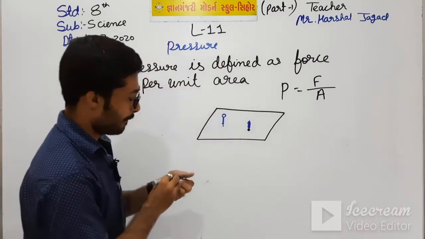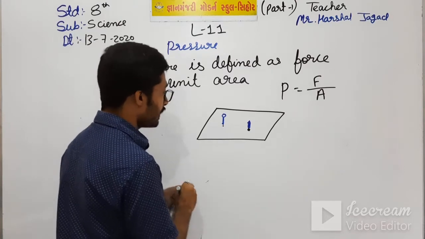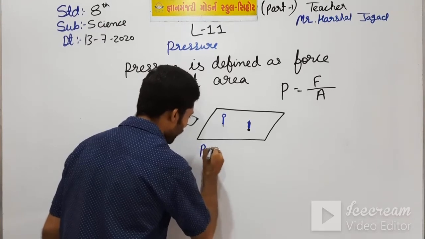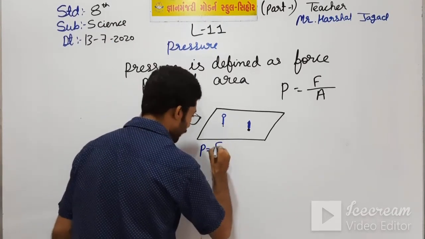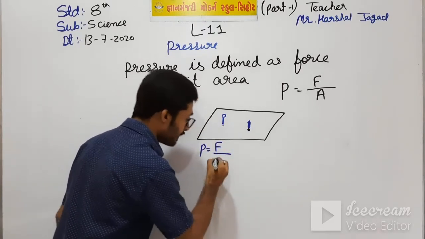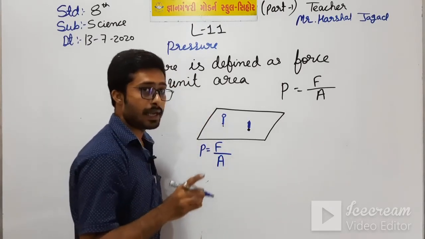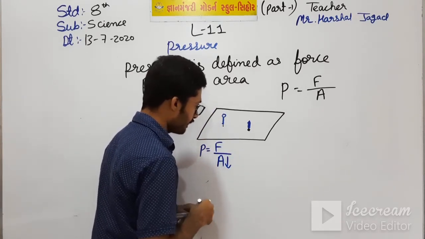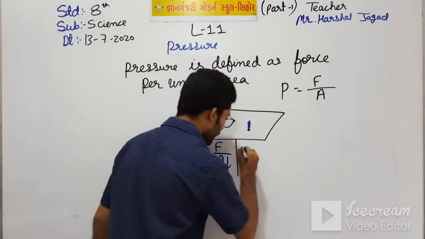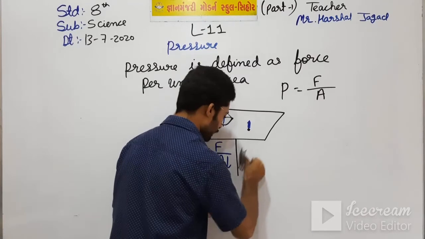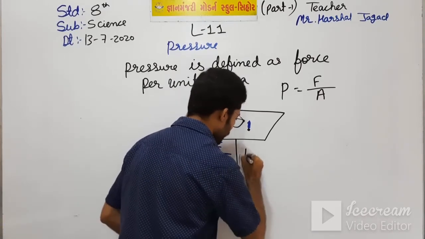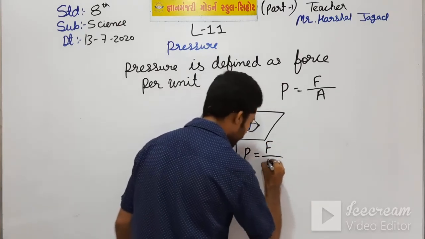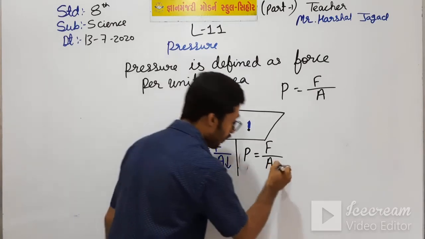So here, the value of pressure: the force is the same, but here the area is small. And in this one, pressure is equal to force, which is the same, F, over an area that is more.